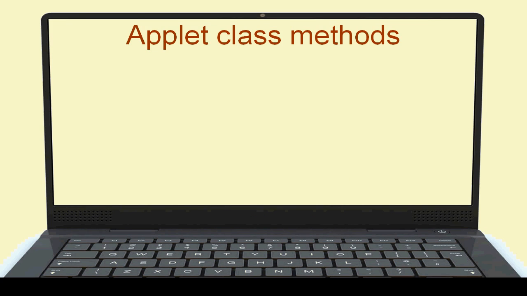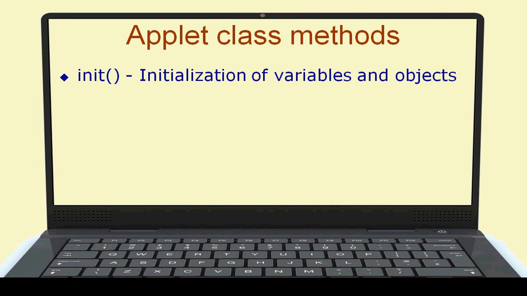We have seen that the user's applet class must be derived from a base applet class which is available in the java.applet package. The base applet class provides different functions which may be overridden by the user's program. The init function is used for the initialization of variables and objects.